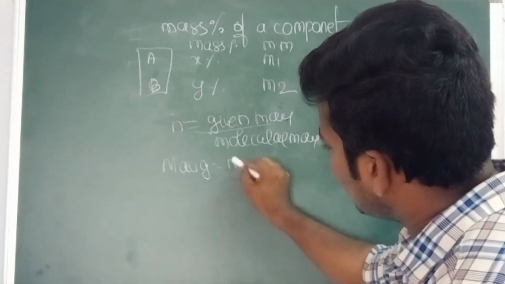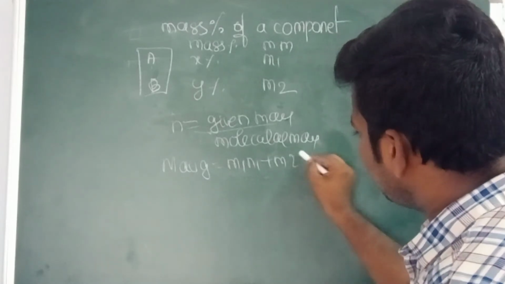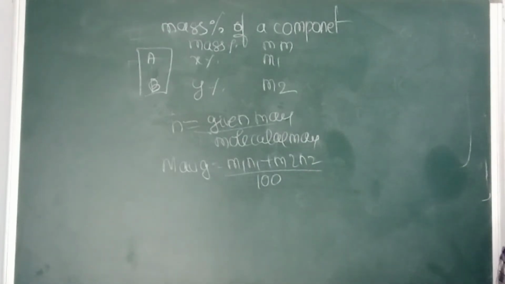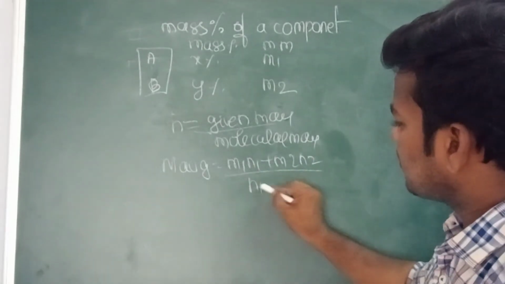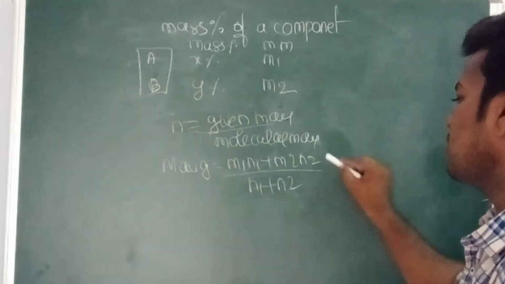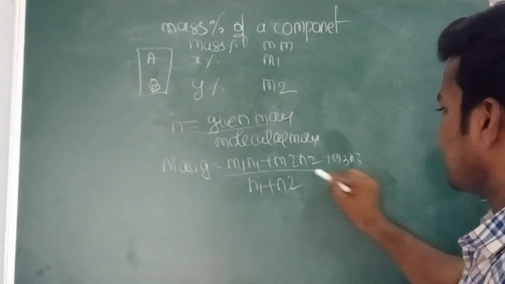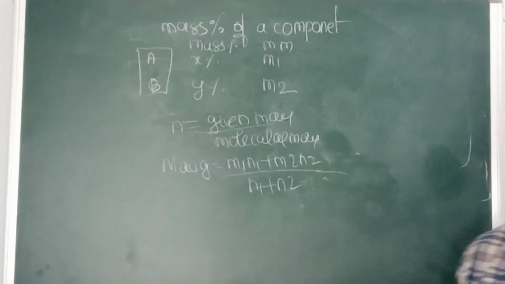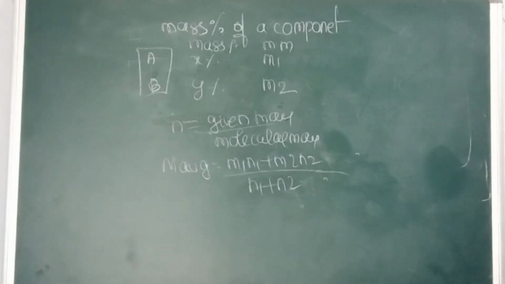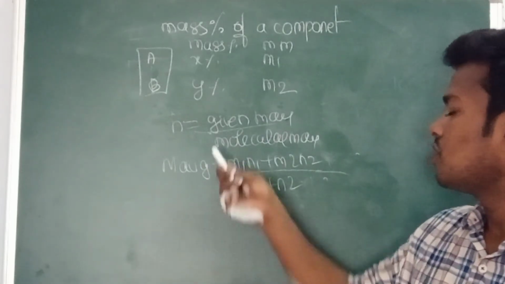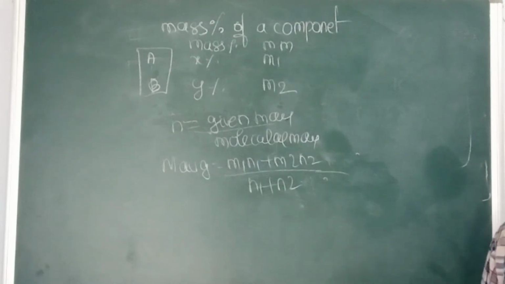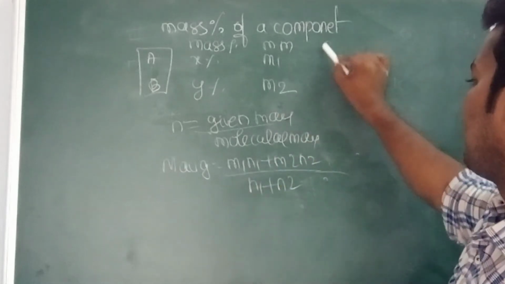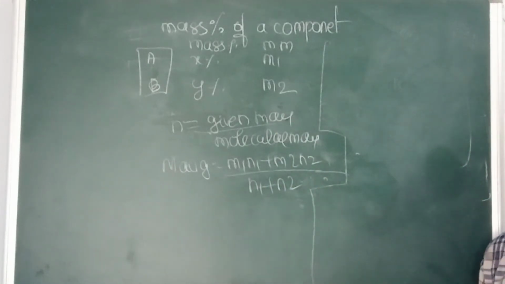We know the formula, just now we have done: M1 N1 plus M2 N2 by N1 plus N2, and if three are there, M3 N3 by N3. Here I have taken two samples, so M average is equal to M1 N1 plus M2 N2 by N1 plus N2. N is nothing but mass by the molar mass.